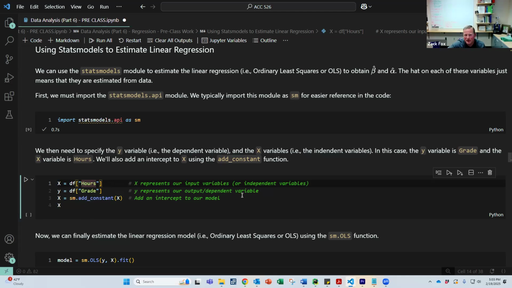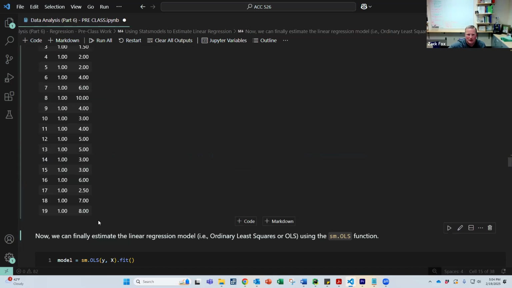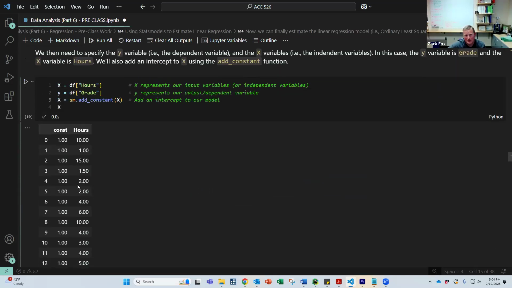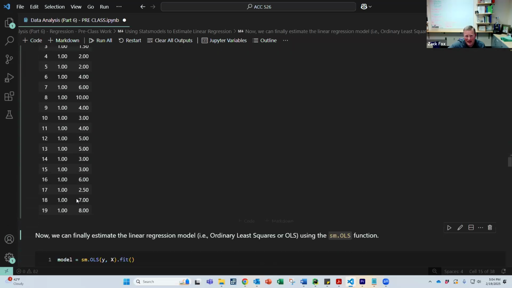I'm adding an intercept to our model with this command right here, sm.add_constant to x. So it's adding a constant to this, okay? If we run this, there's a constant set to 1 that's now been added into our data.